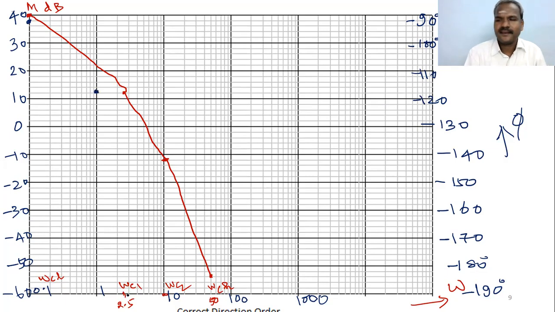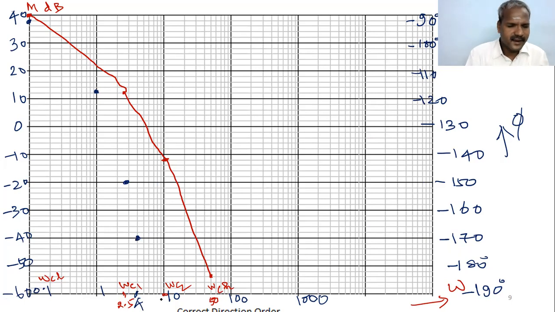At 2.5, what is the value? 150. So 150, where is 150? So at 2.5, 150 degree. Next, at 4 radian per second, so 2.5, 3, 4. At 4 radian per second, 170 degree. Where is 170? This is 170 degree. At the 4, 170 degree.